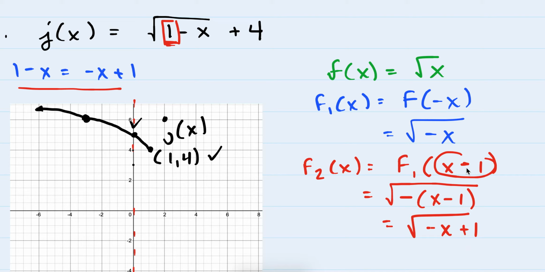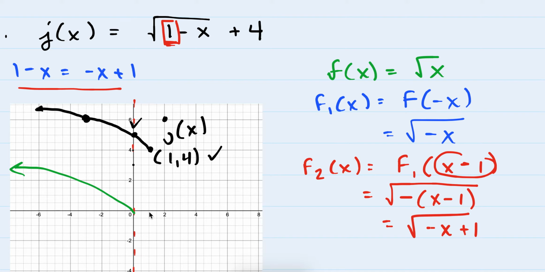And that would correspond to after you took your parent function and you reflected it. So you have your parent function, you then reflect it for this graph, which looks something like that. I'm just trying to do this quickly. And then you move it, you had this minus 1, so you move it to the right 1 unit.